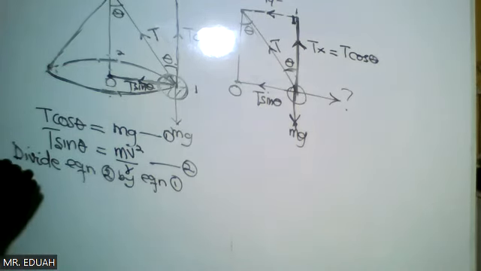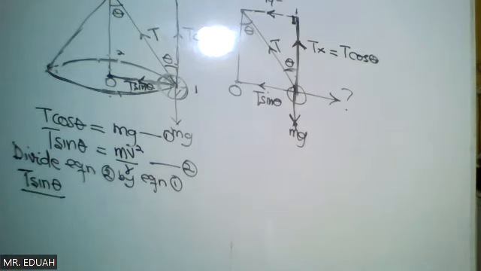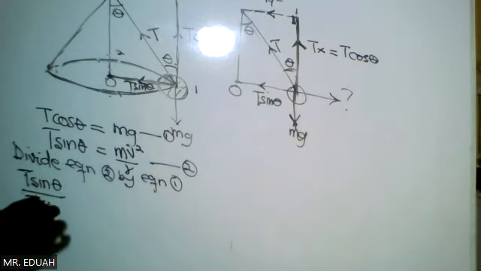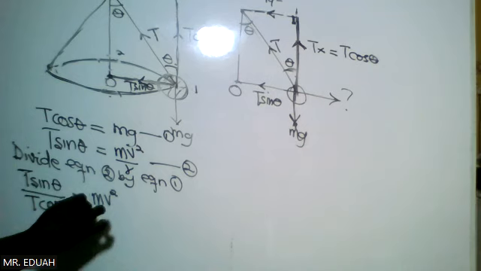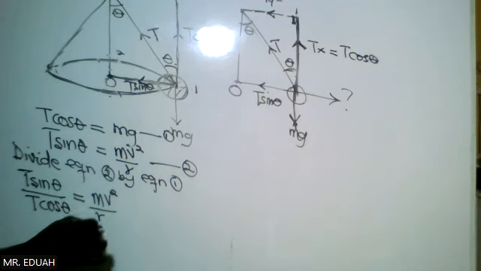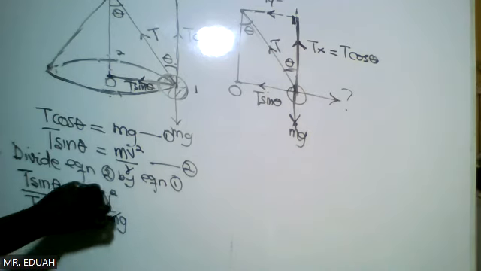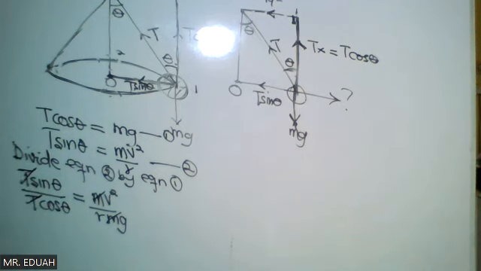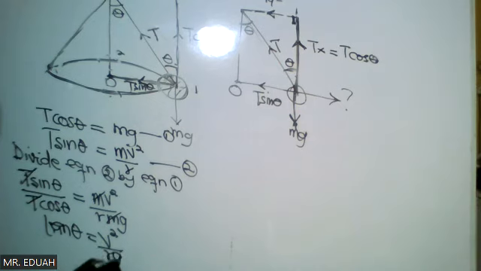You have T sine theta divided by T cos theta, and this is equal to mv squared over r times mg. M will cancel, T would cancel. So we have sine over cos, which is tan theta, equal to v squared over rg.